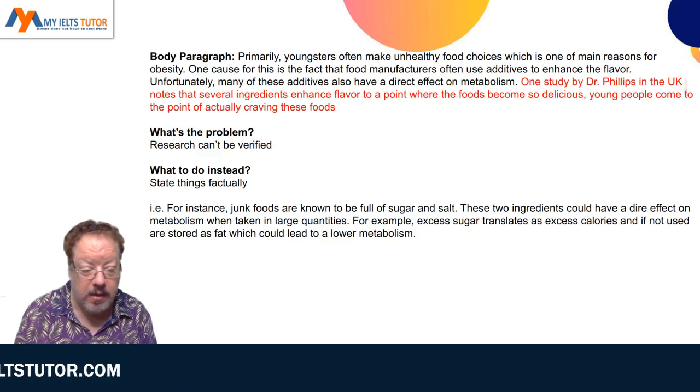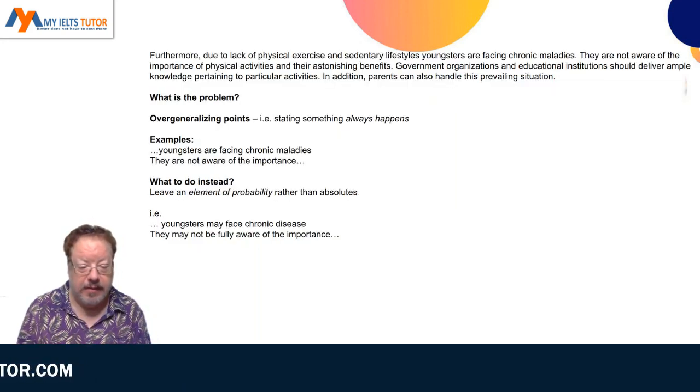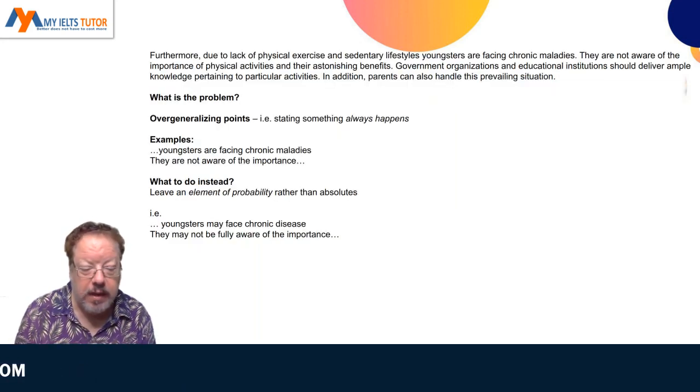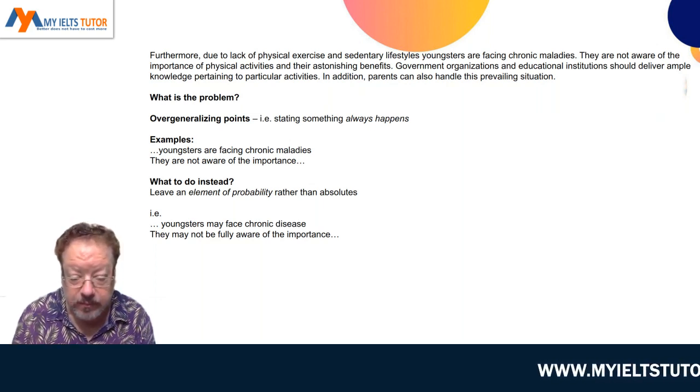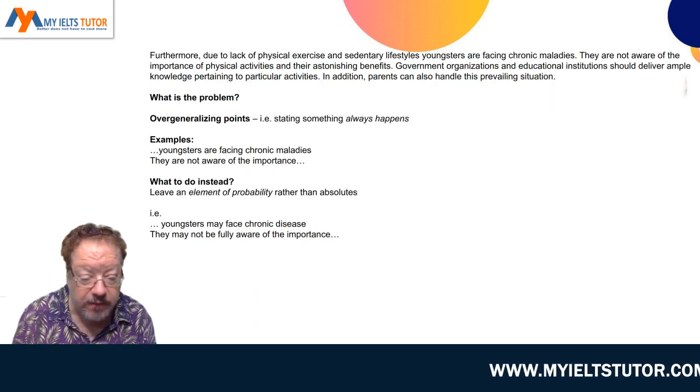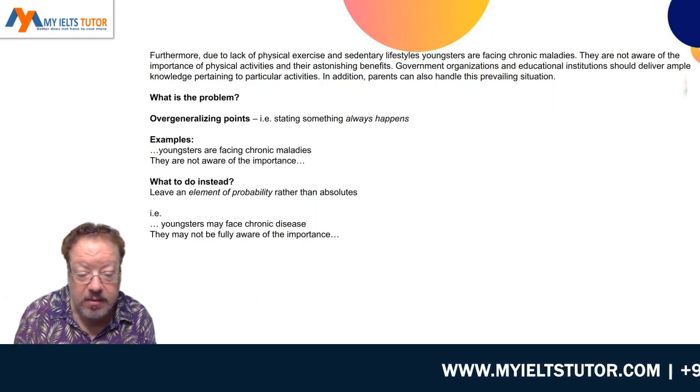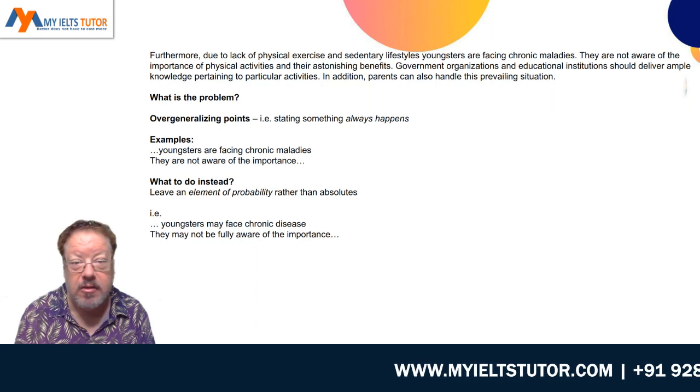Now, here's our next mistake. So we have this here. Furthermore, due to a lack of physical exercise and sedentary lifestyle, youngsters are facing chronic maladies. They are not aware of the importance of physical activities and their astonishing benefits. Well, say astonishing there, you're right.